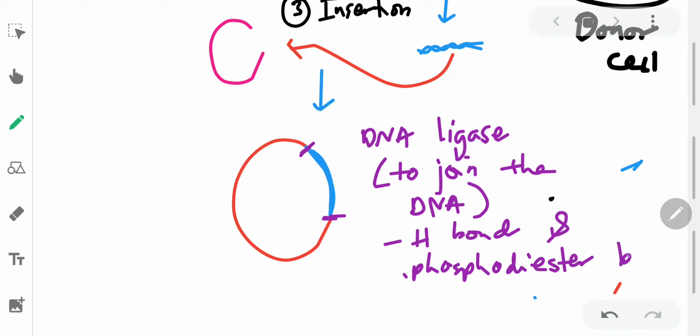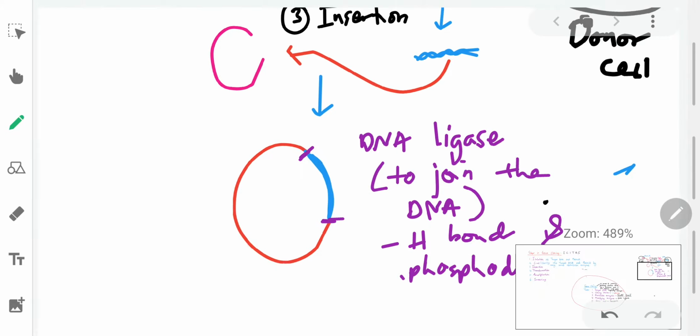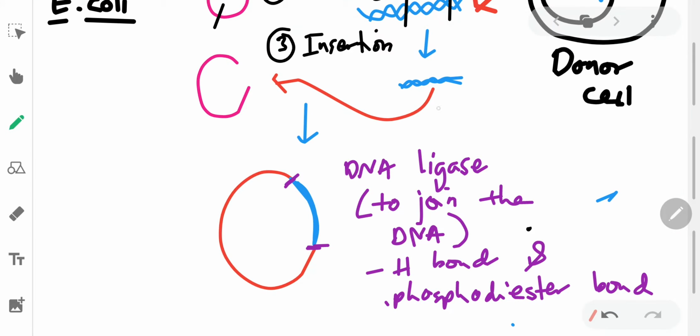This is the function of DNA ligase. So this is step number 3, which is insertion of target DNA into the plasmid by using DNA ligase.